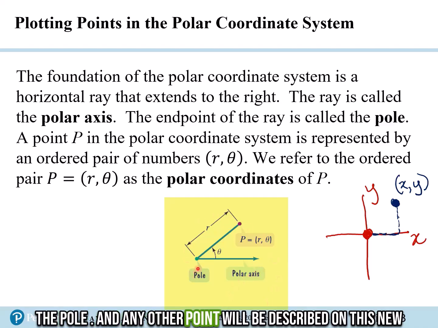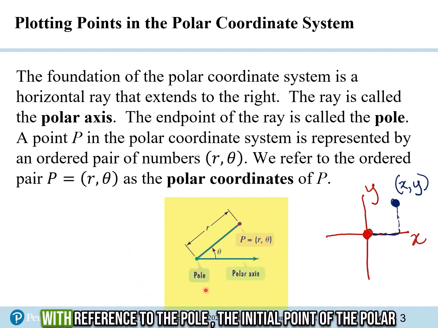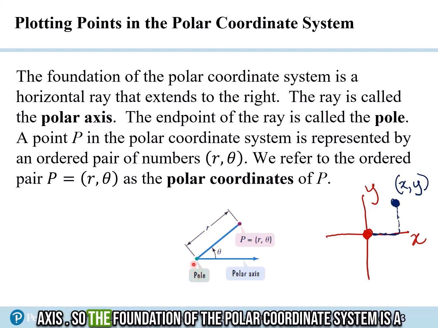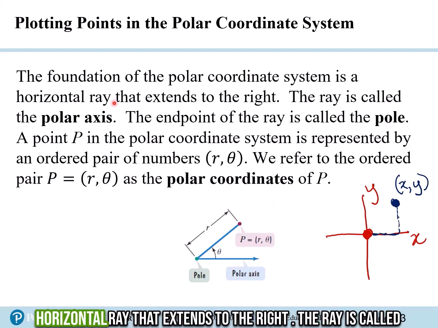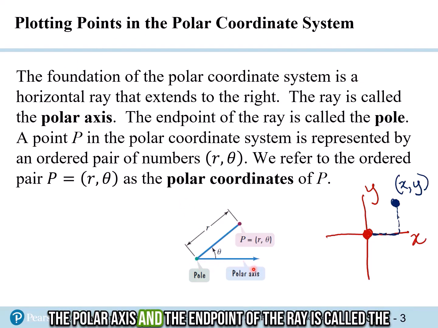And any other point will be described on this new system with reference to the pole, the initial point of the polar axis. So the foundation of the polar coordinate system is a horizontal ray that extends to the right. The ray is called the polar axis, and the endpoint of the ray is called the pole.